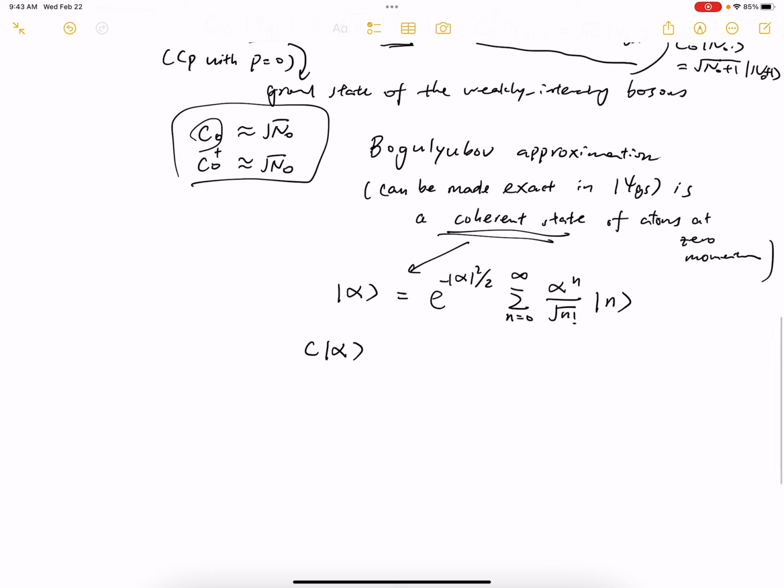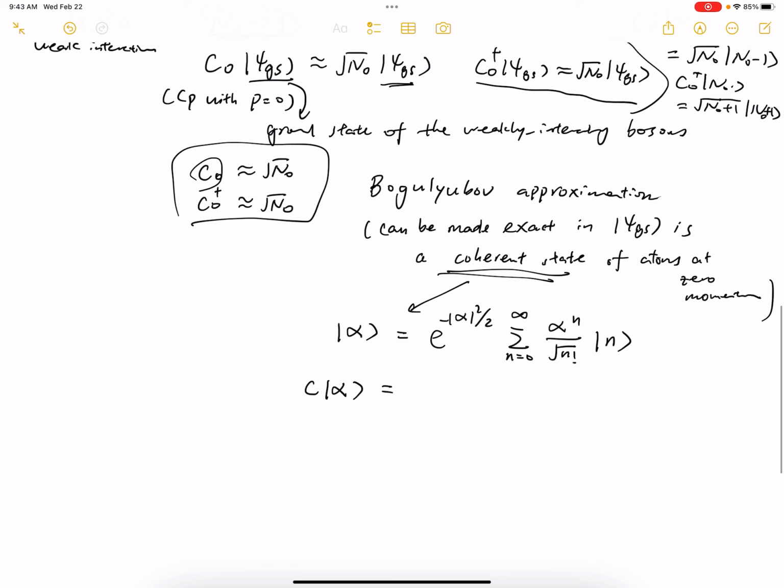If you apply this operator on this state alpha, some magic happens. It's not too hard to see: each time you apply C you get a square root of n, like what I said on the top here. But because there's an infinite sum, at the end of the day you can show that C acting on alpha is just equal to alpha times alpha.